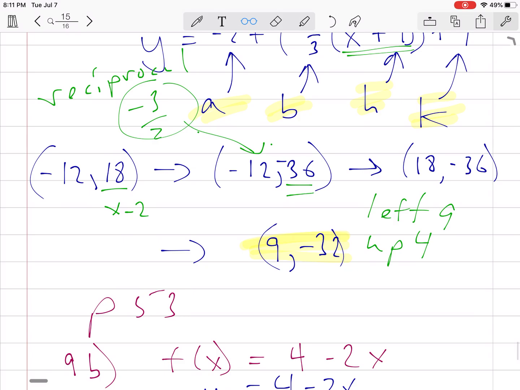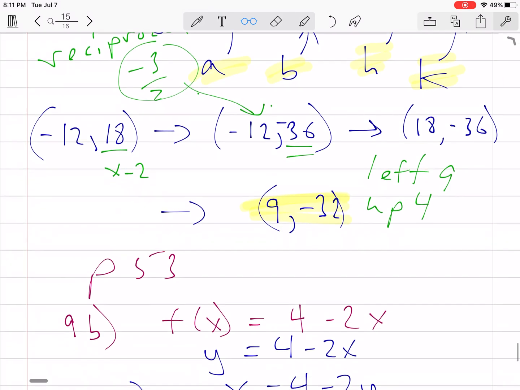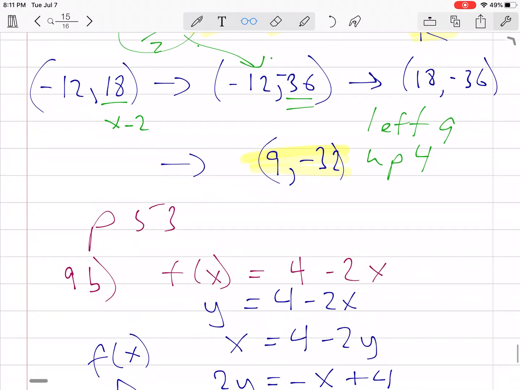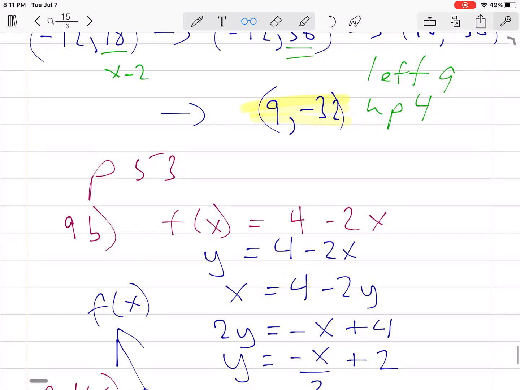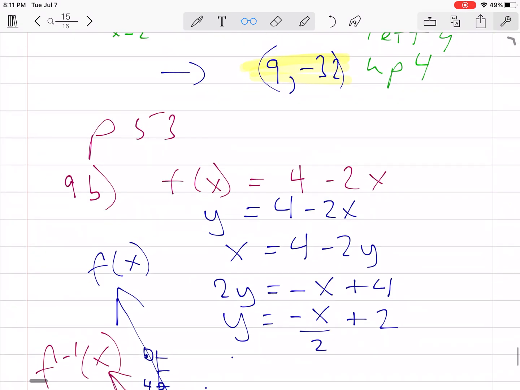Okay, let's look at page 53 now. Page 53 had to do with the inverse. Let's look at 9b. First thing they want you to do is write out the equation for the inverse. When you write out the equation, you simply want to switch y with x.